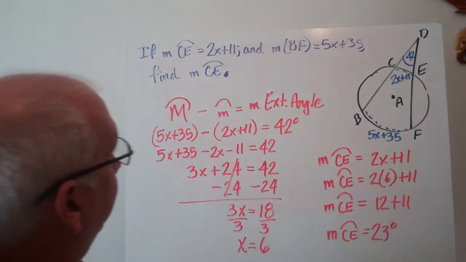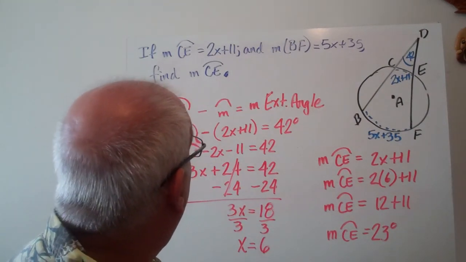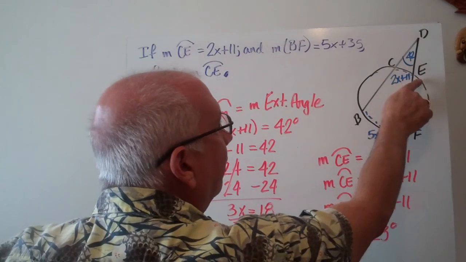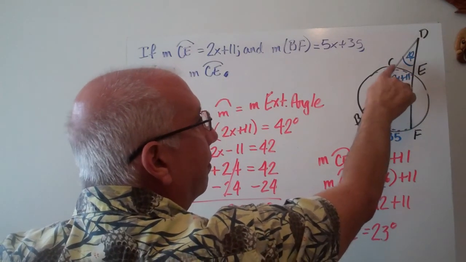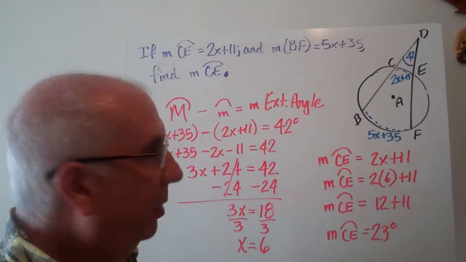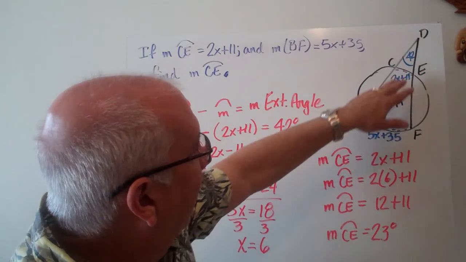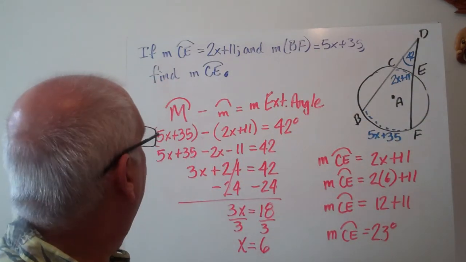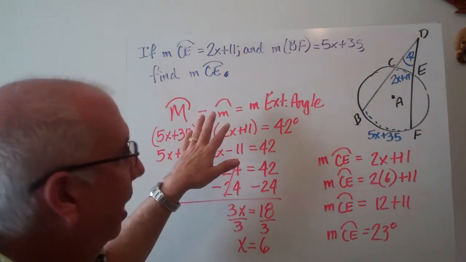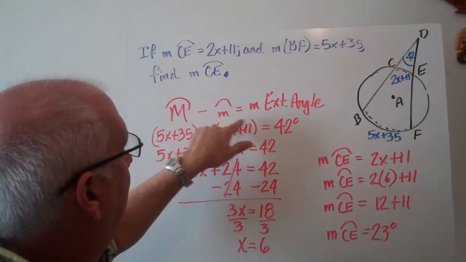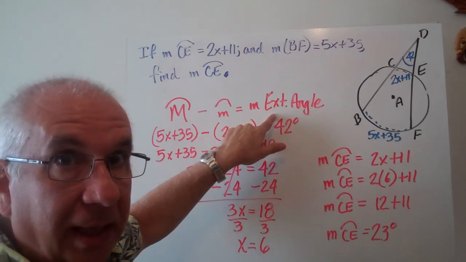The next problem says if we've got this information, find the measure of arc CE. So we're looking for the measure of this arc right here. From class we discovered that there was a relationship between the exterior angles and the intercepted arcs. The relationship was that the difference between the major and the minor arc is equal to the measure of the exterior angle.